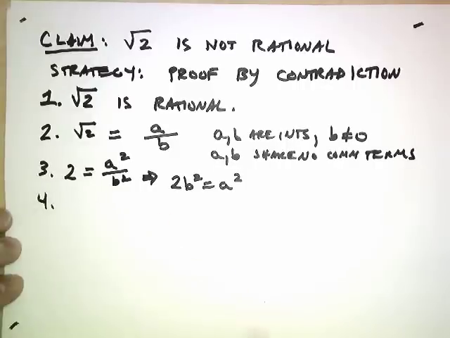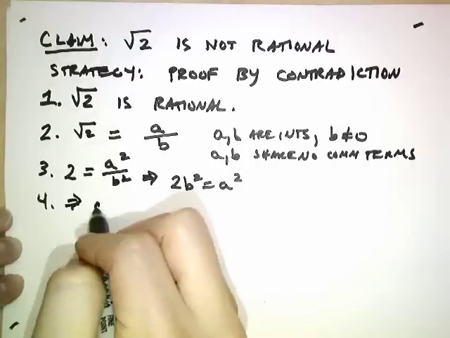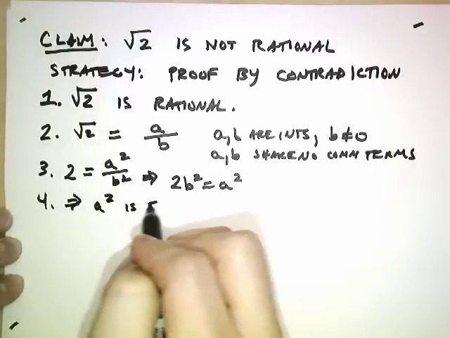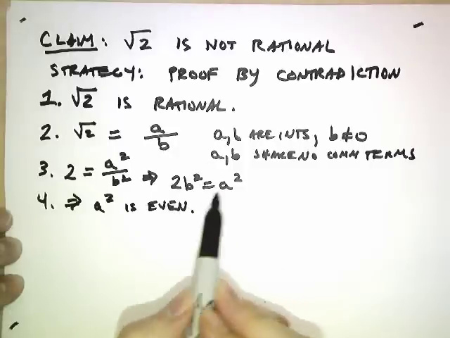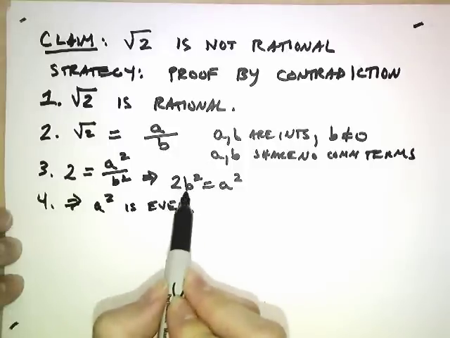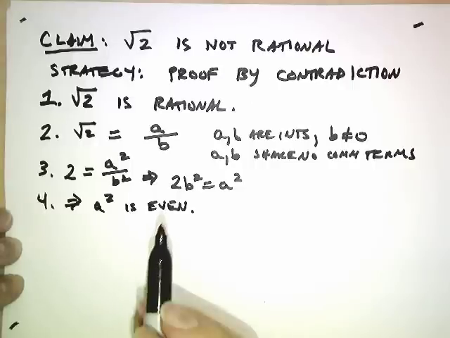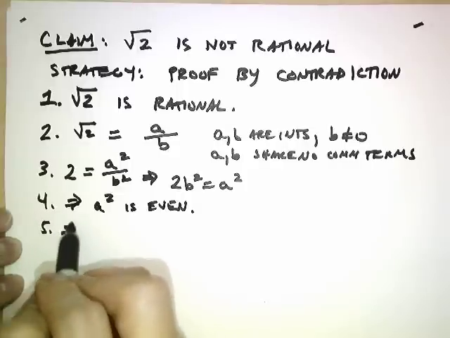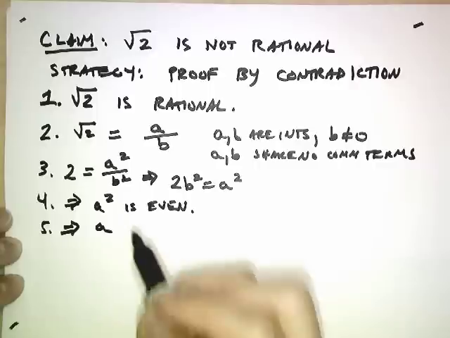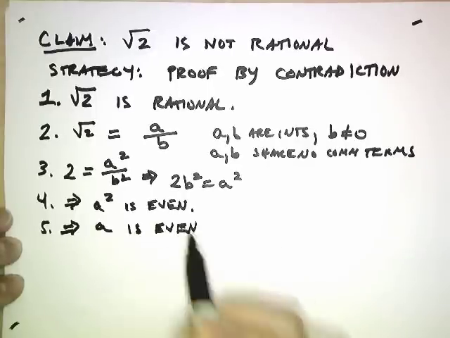Step 4, well, we can conclude this implies that a squared is even. Right? a squared is equal to 2 times something, and that means that a squared is even. Now from a previous video, this implies that a is even.